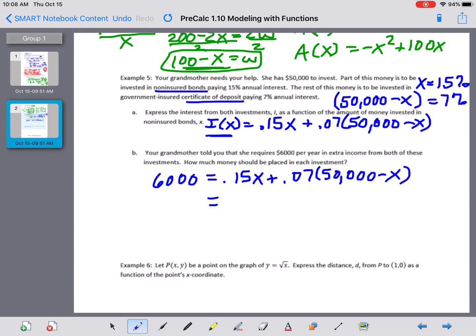Okay, so I'm going to get 0.15X. Over here, I'm going to distribute my 0.07. That gives me 3,500 minus 0.07X. My 0.15X minus my 0.07X leaves me with 0.08X.